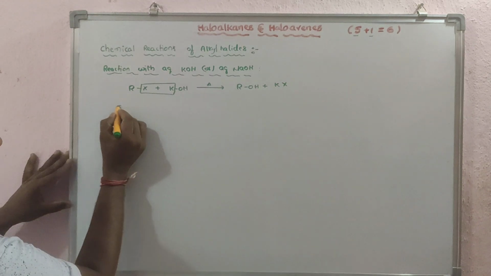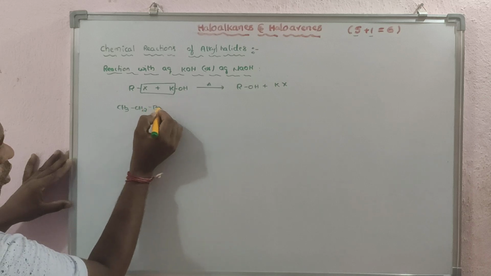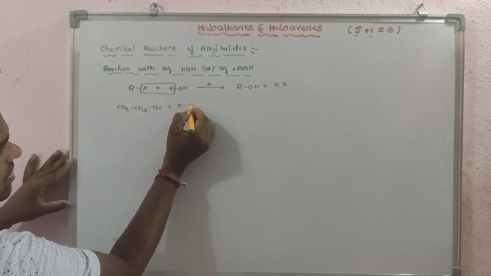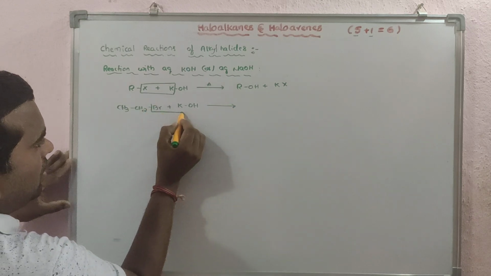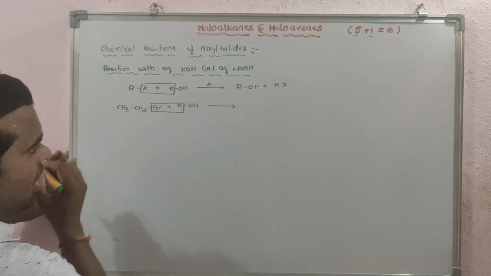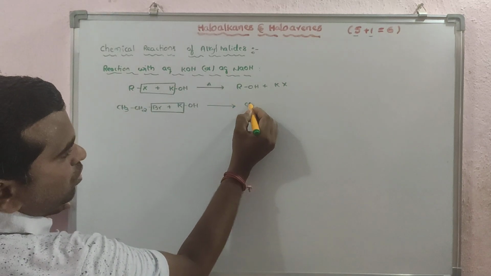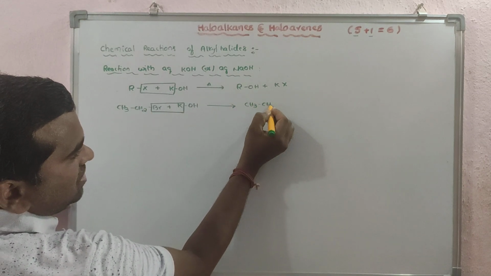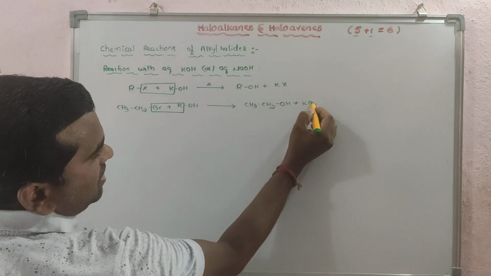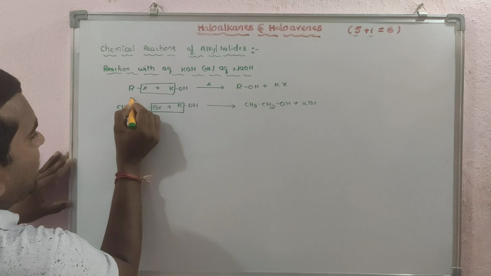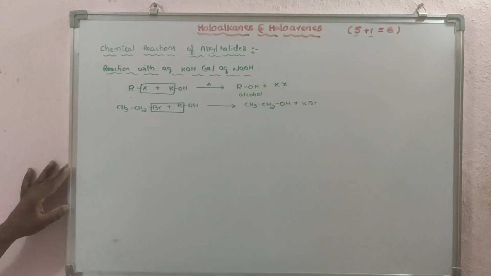Simple example, take ethyl bromide and treat it with KOH. Then what compound will you get? KBr is removed, and CH3 CH2 and what is left here? OH. So you will get CH3 CH2 OH plus KBr. You see, this is alkyl halide and these are alcohols.